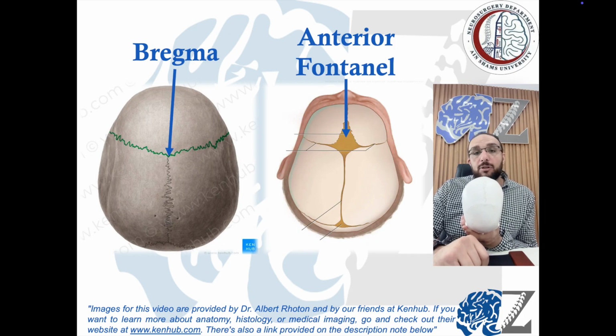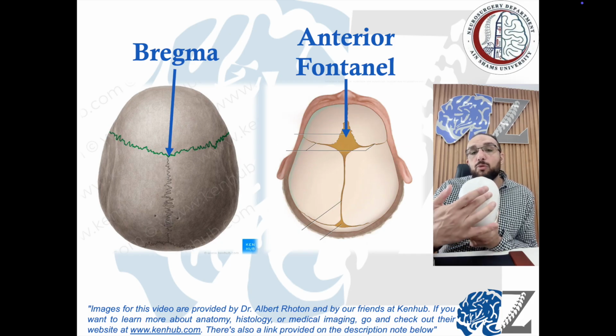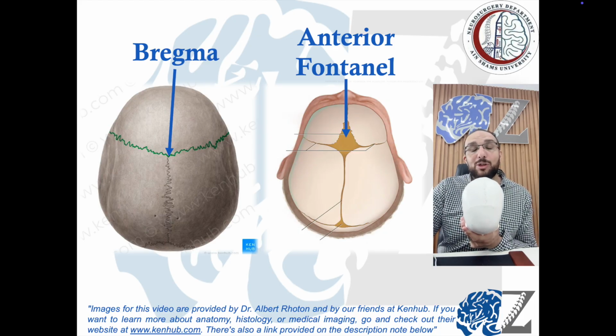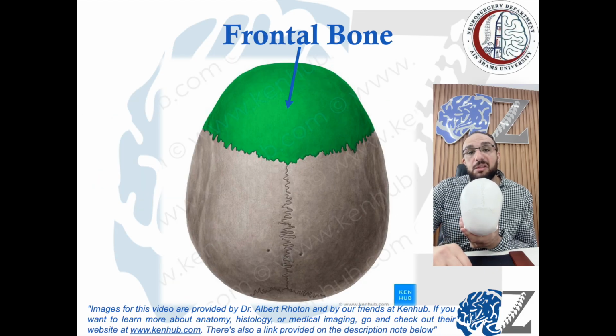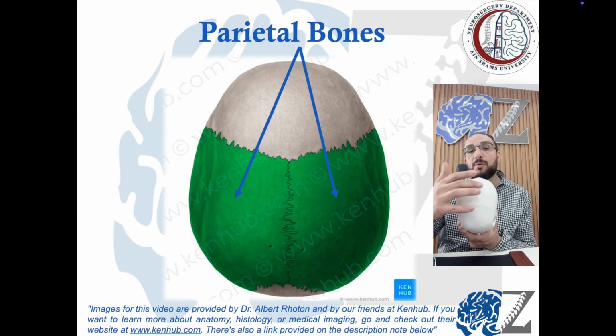The anterior fontanelle is the fontanelle that's present between the two parietal bones and the frontal bone. And when this anterior fontanelle fuses, it forms a point of fusion here that is called the bregma. Okay, this is what I have to know about the frontal bone from above: it forms the anterior part of the calvaria, and it's fused posteriorly with two parietal bones.